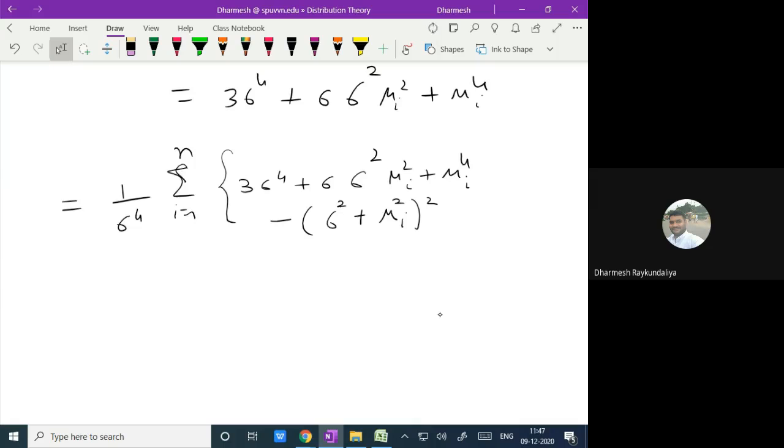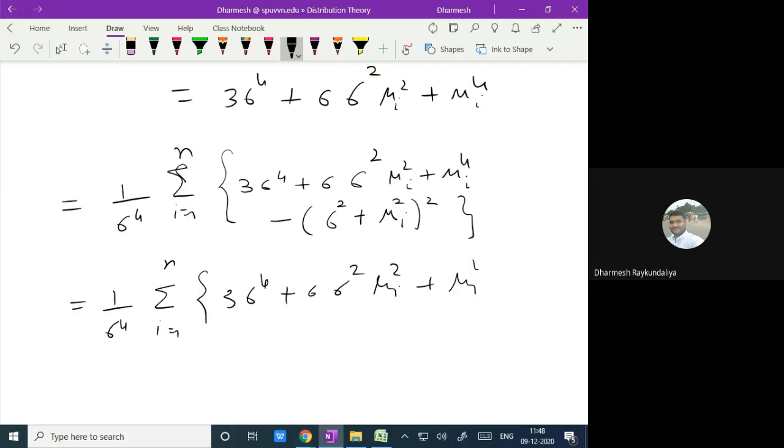Okay. So just simplify this. 1 upon sigma raised to 4, summation i running from 1 to n, 3 sigma raised to 4 plus 6 sigma square mu i square plus mu i raised to 4, minus sigma raised to 4 minus 2 times sigma square mu i square minus mu i raised to 4.